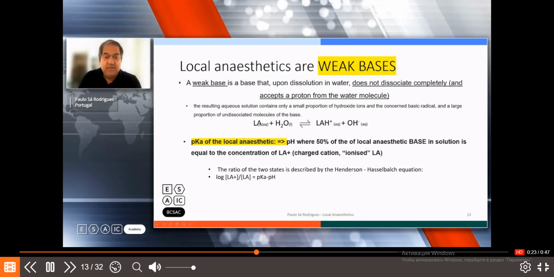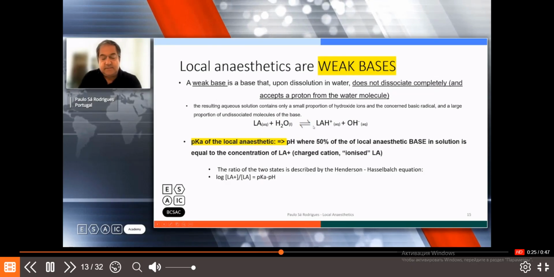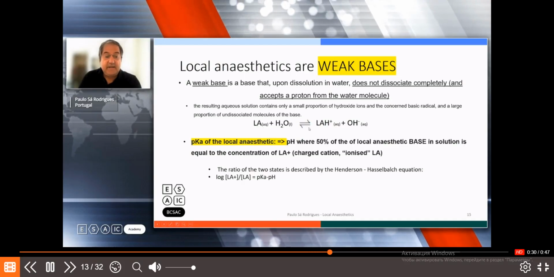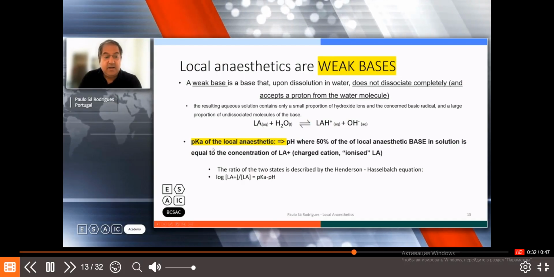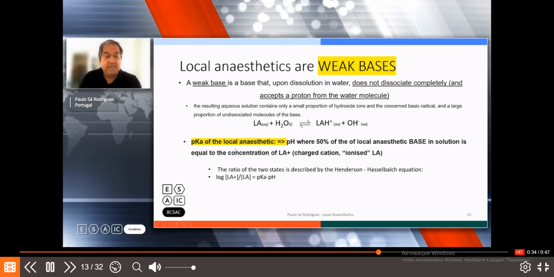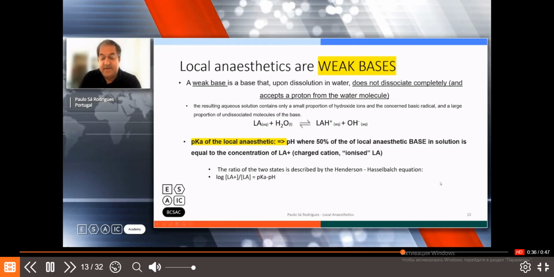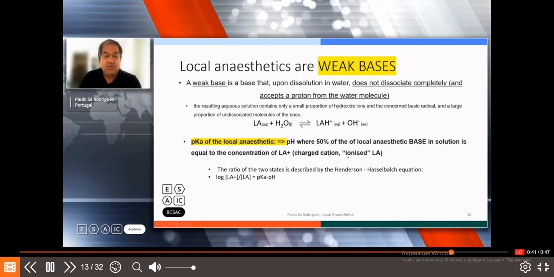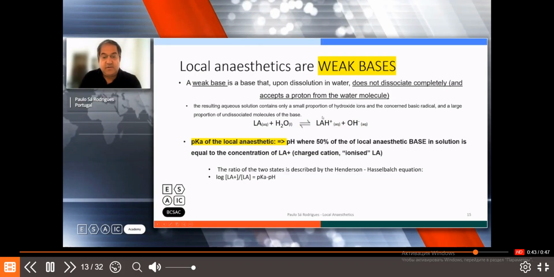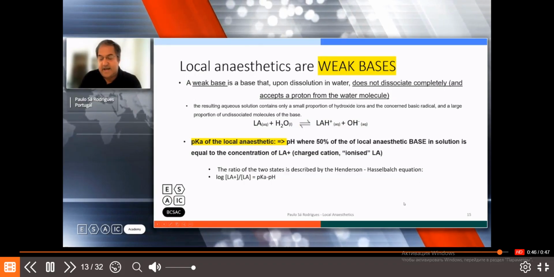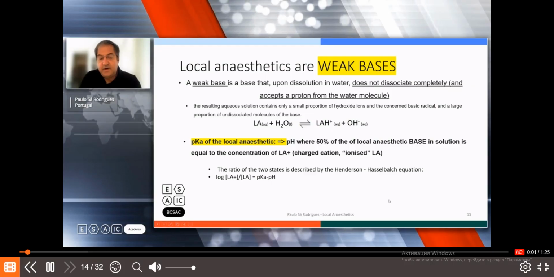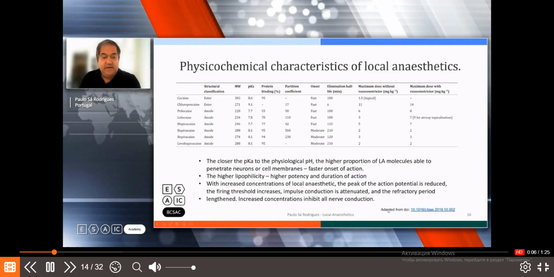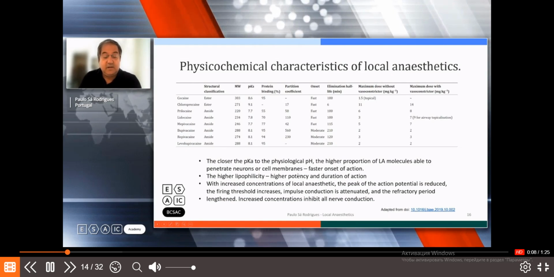And the amount of these two different forms is dependent on the pKa, the ionization constant of the local anesthetic, which is the pH where 50% of the local anesthetic in solution is equal to the concentration of the charged cation. This is very relevant because it is going to give us different clinical details.